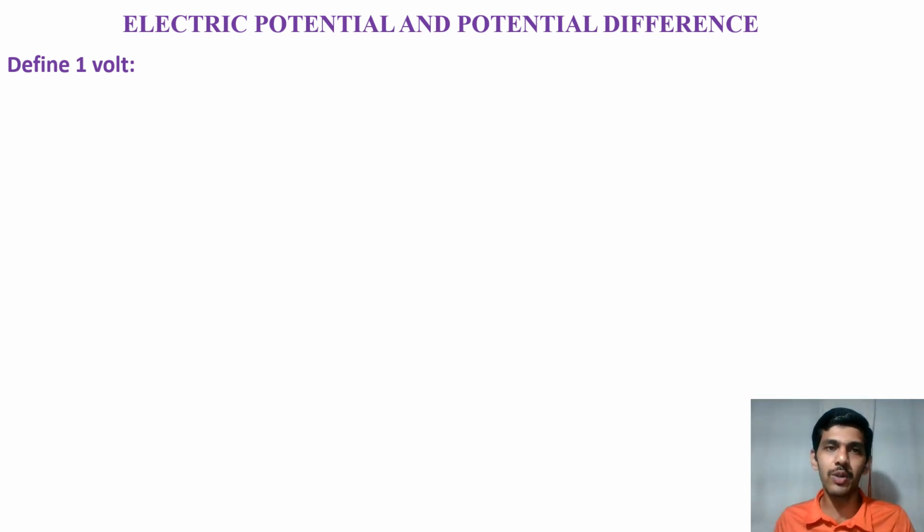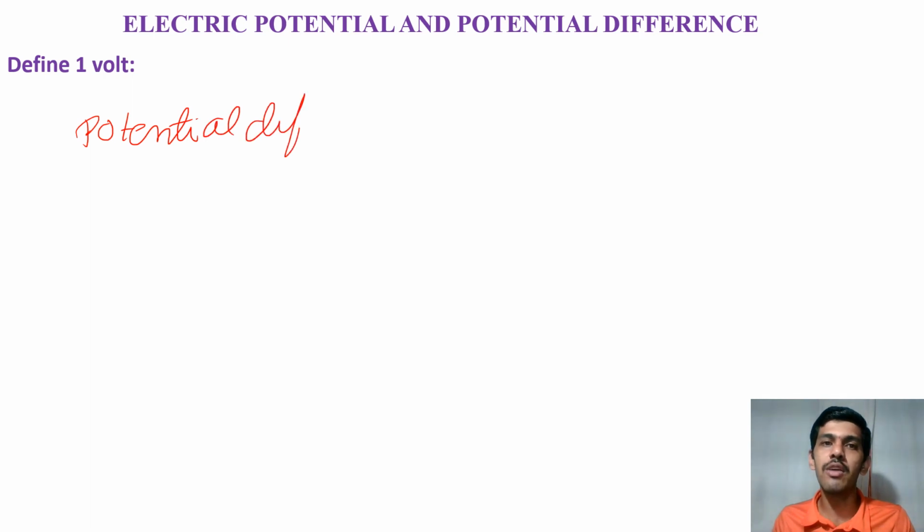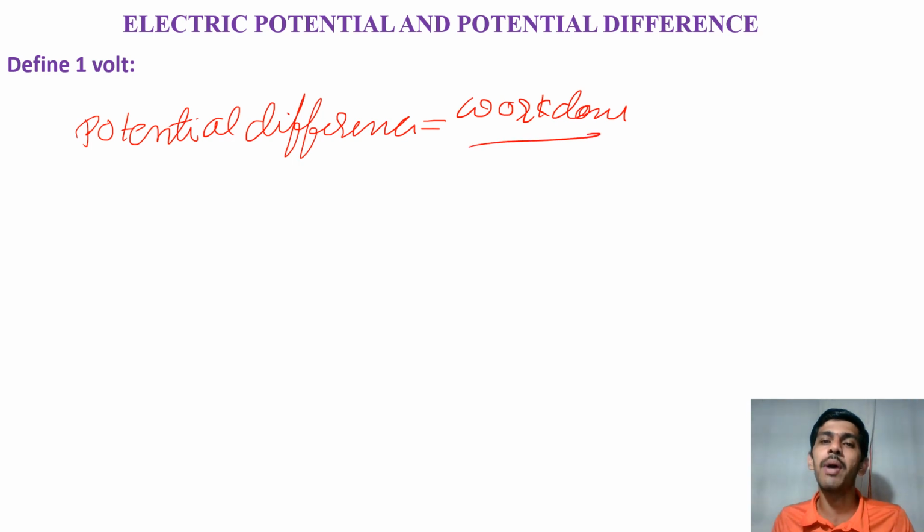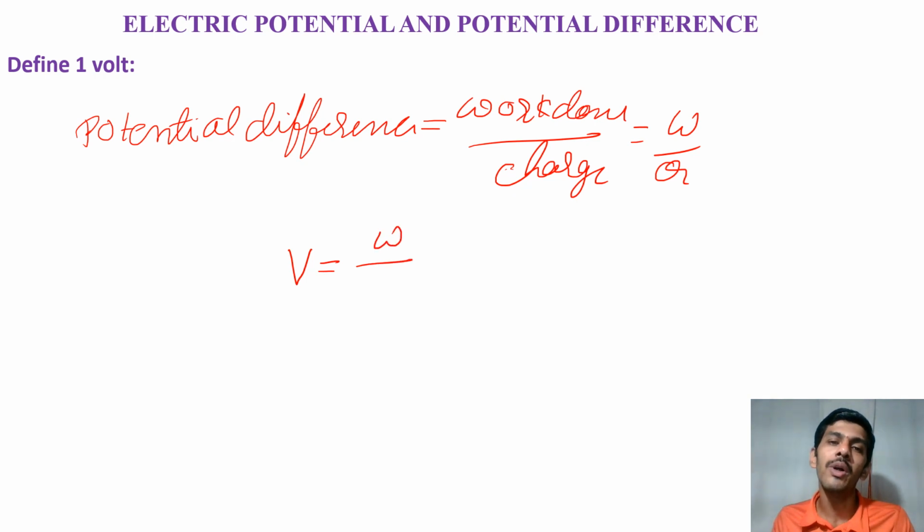We already know that potential difference is equal to work done divided by the charge. That can be written as W by Q. Potential difference is represented by the letter V, which is equal to work done, that is W, divided by Q.